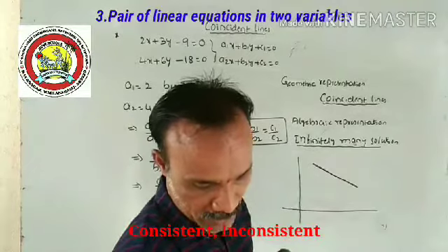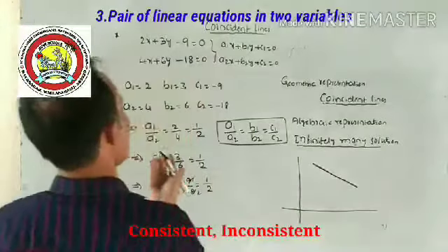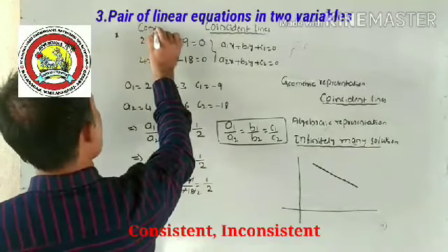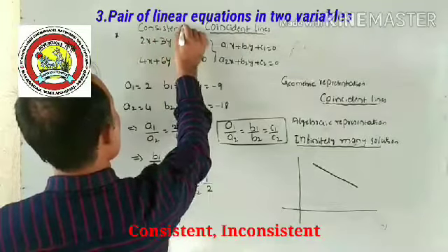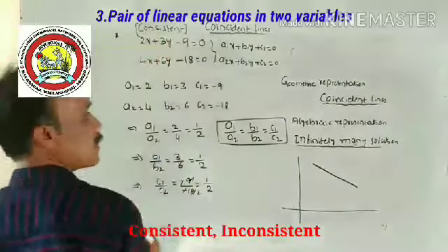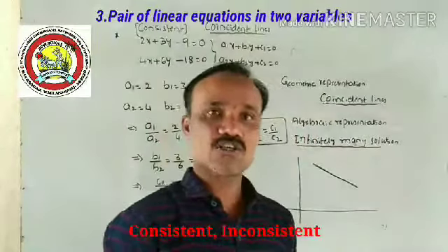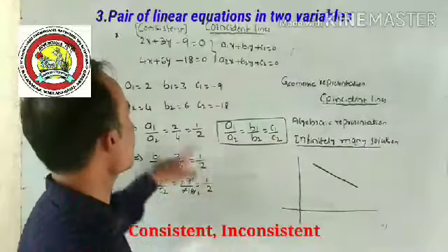Then you can say the pair of equations is dependent, or consistent. So the second condition is also called consistent. Intersecting lines are consistent. Coincident lines are also consistent, a dependent pair of equations. So this is case number 2.